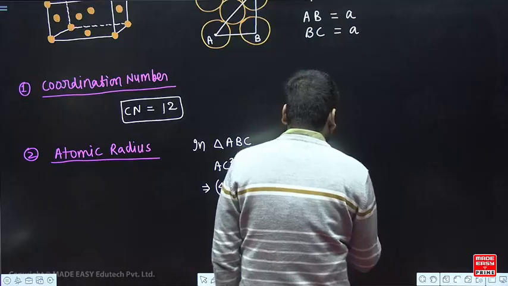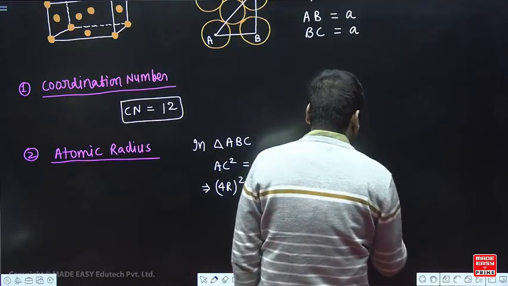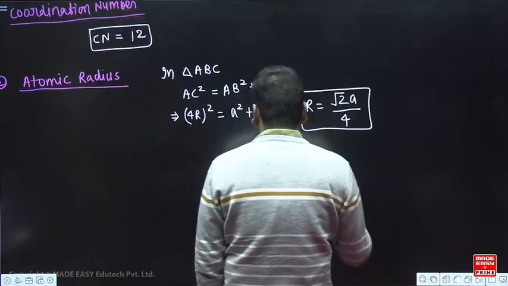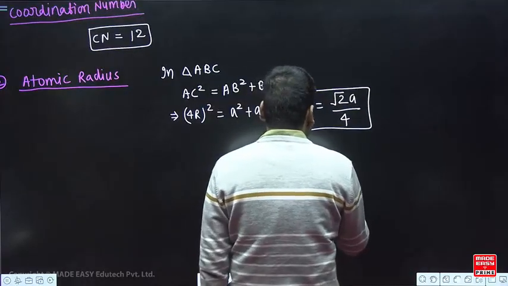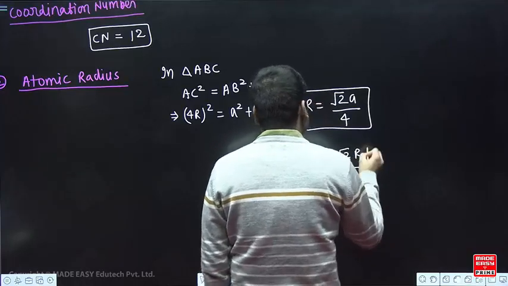So R is equal to root 2 A by 4. You can also write A is equal to 2 root 2 R. This is A.